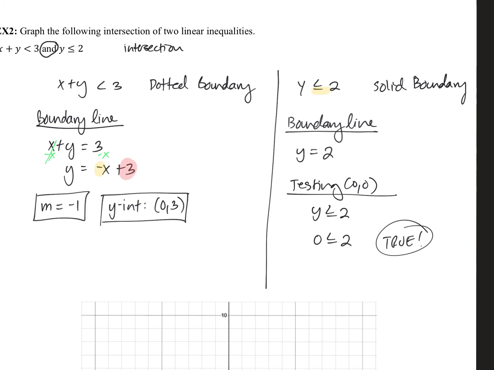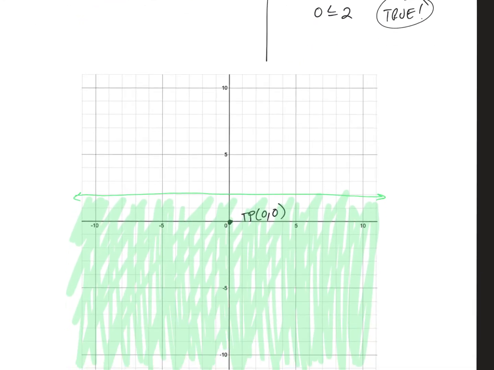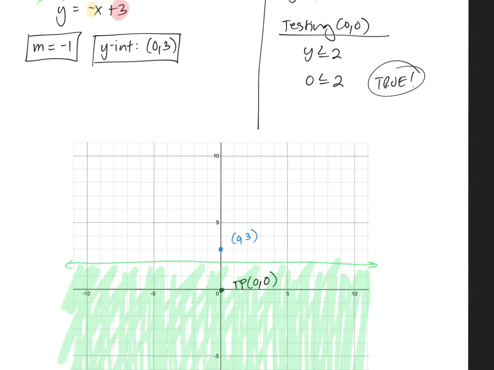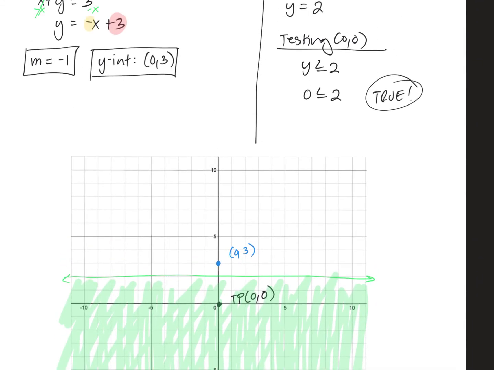Okay, so let's go ahead and graph that. I will graph that in blue. So y-intercept is at 0, 3. And my slope is -1. So -1 for a slope is going to be down 1, right 1, or we can change the negative to the value on the bottom, which would be up 1, back 1.